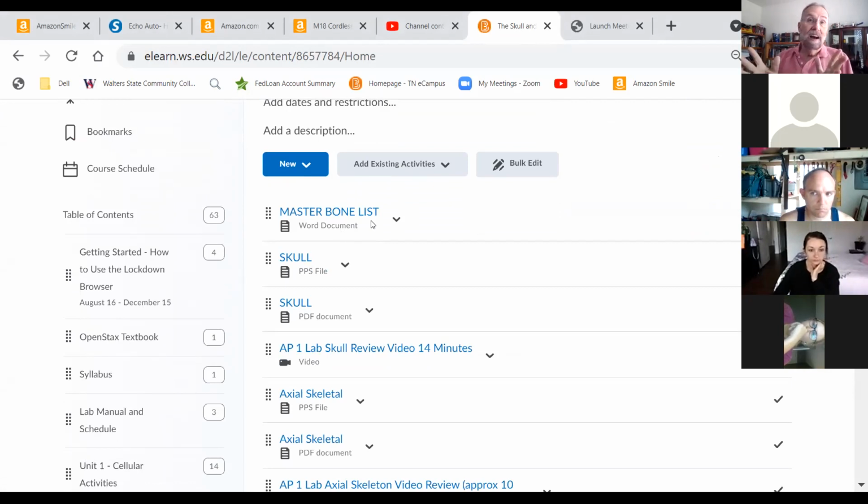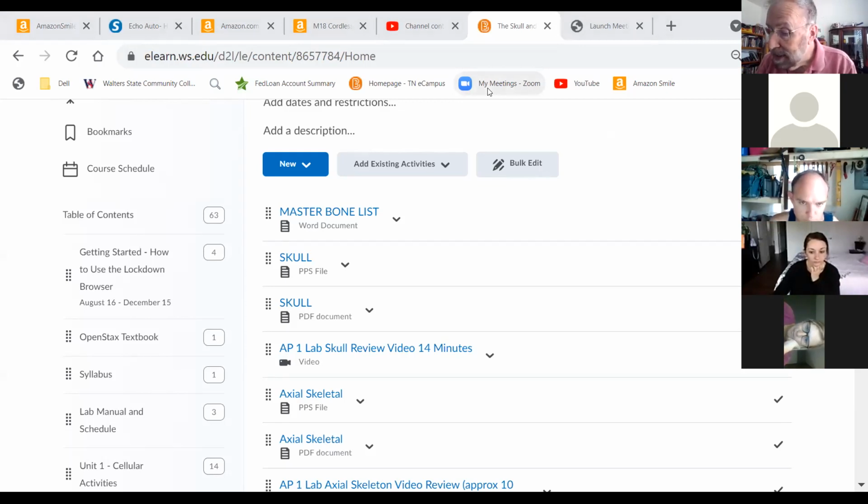Now, there is no study guide for this test, because the master bone list is essentially it, because this lists every bone, every opening, every joint, every articulation that we can possibly think of that you need to know. And there's probably more than you ever wanted to know, but they're here and they're available.